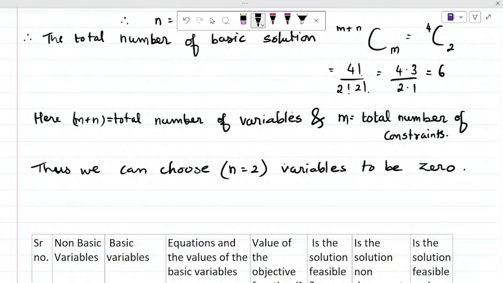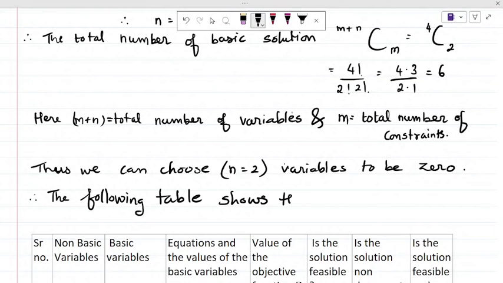So now let us see. Now we write down the following table, which shows the various basic solutions.